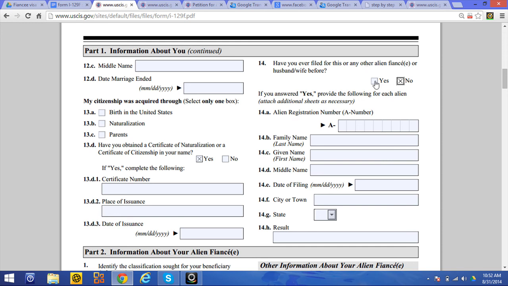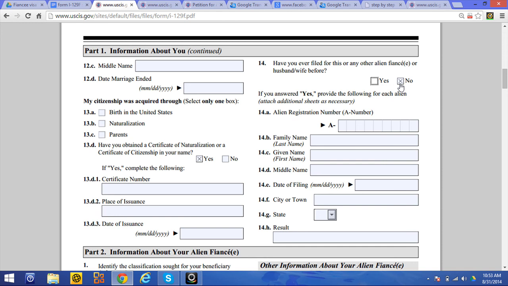If you already filed for a fiancé, they will check to see if you are not making business. One time may be understood, but the second time, they are not silly. By the third time, they will really make an examination to see if it's not a business.